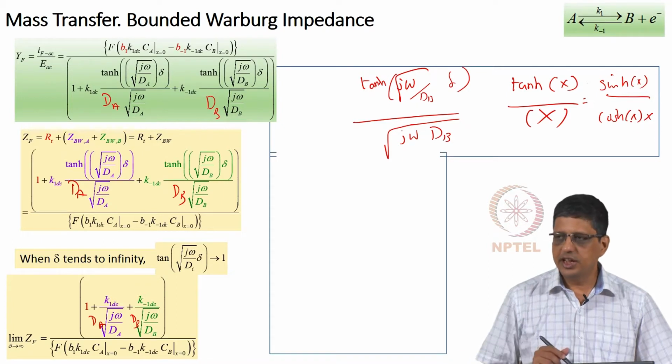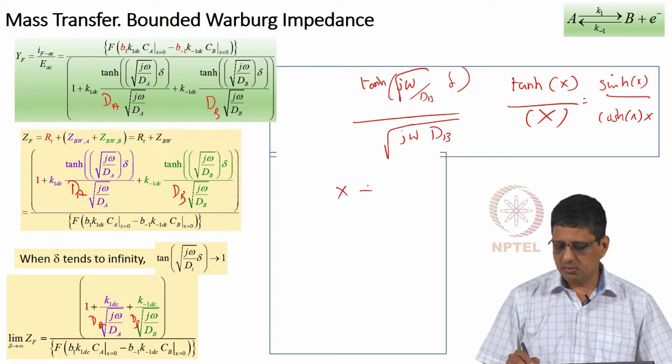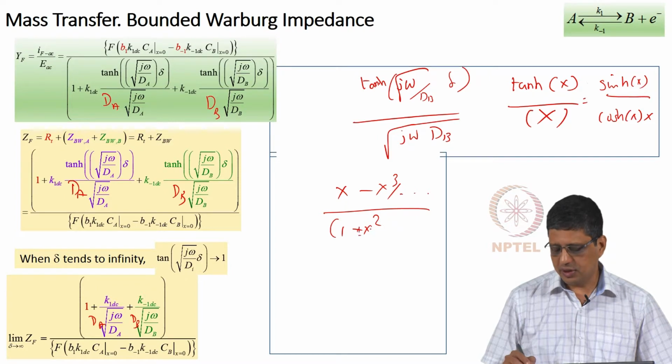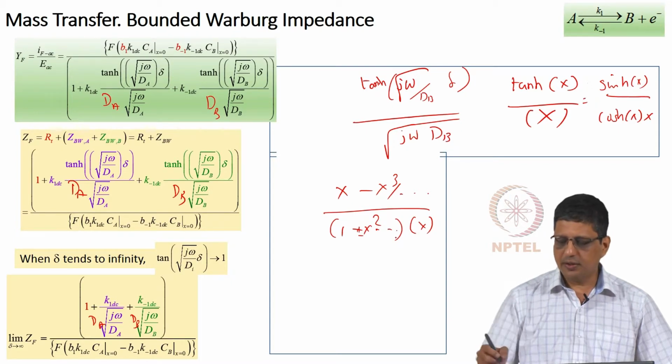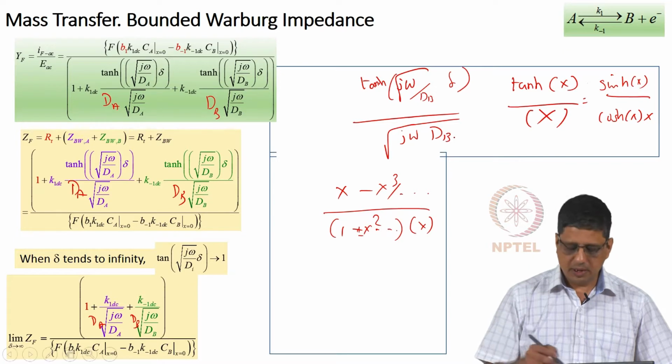Right, sinh of x is going to be x, and this is going to be 1 plus or minus x square, etc. So if you do this you would get 1 here for tanh x by x, but then you have other factors.